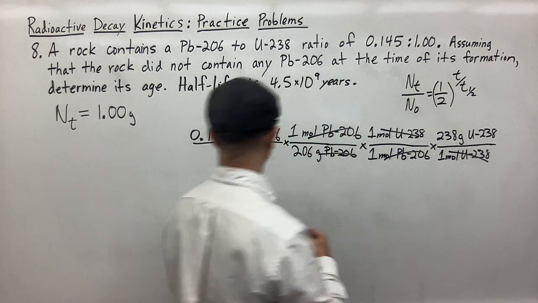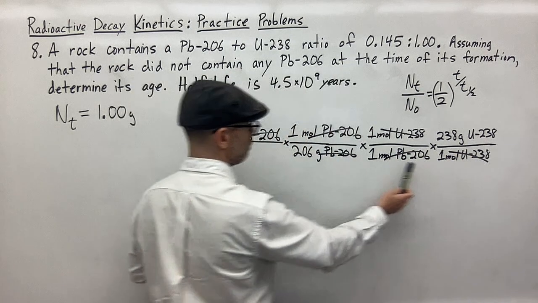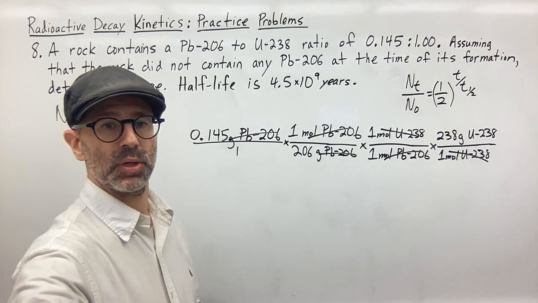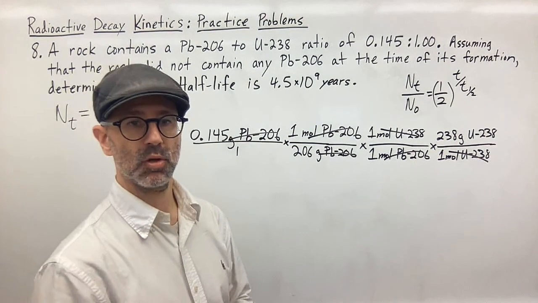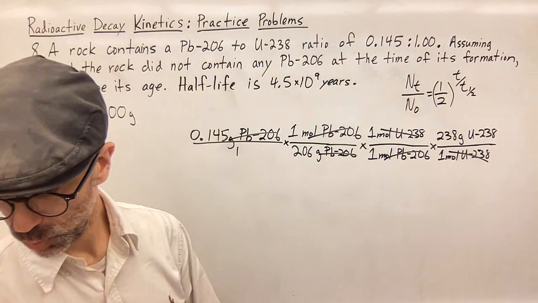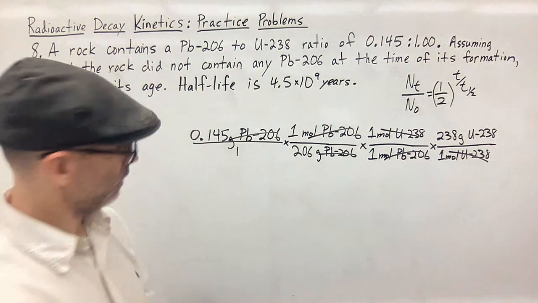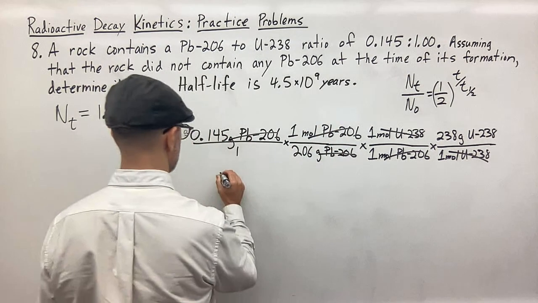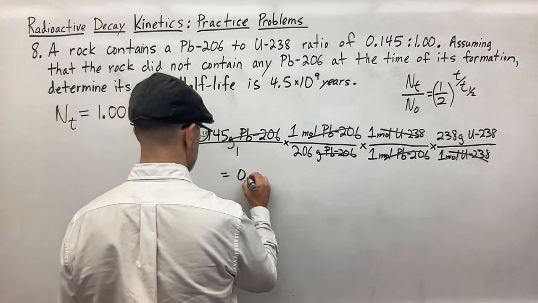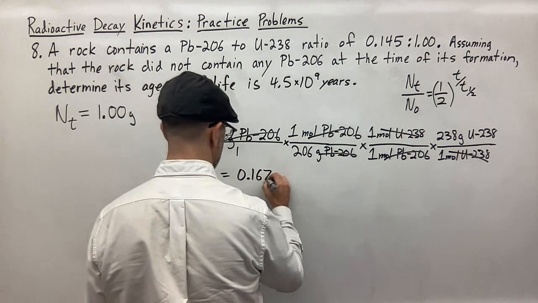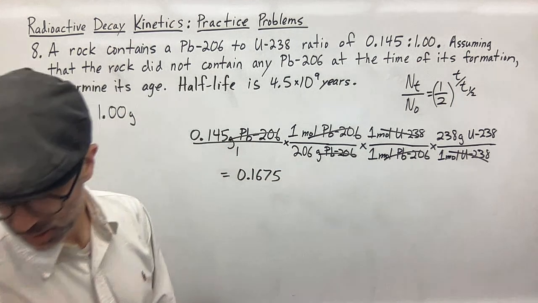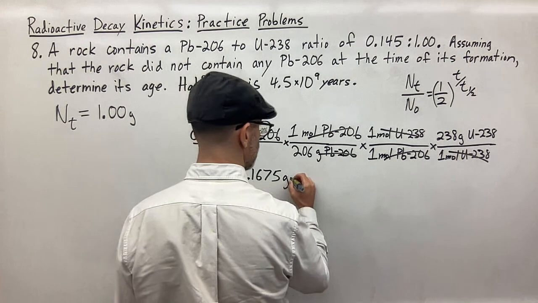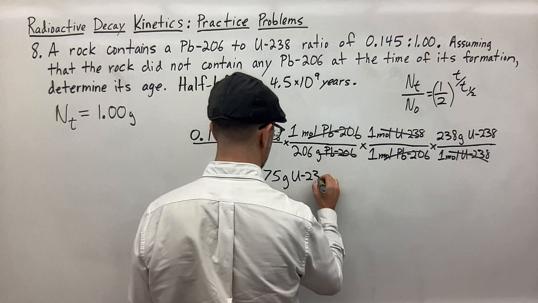And so now all I need to do is multiply across the top, divide by the bottom, and I get my answer. And that answer is going to be 0.1675 grams of uranium-238.